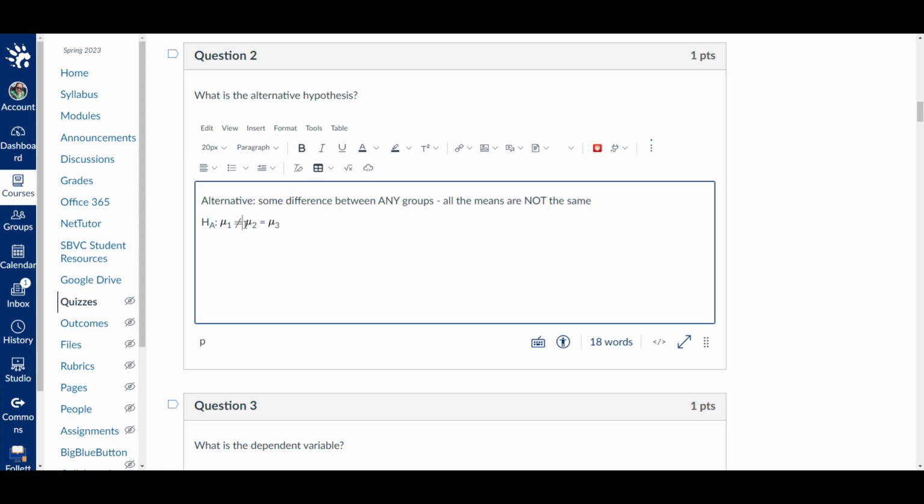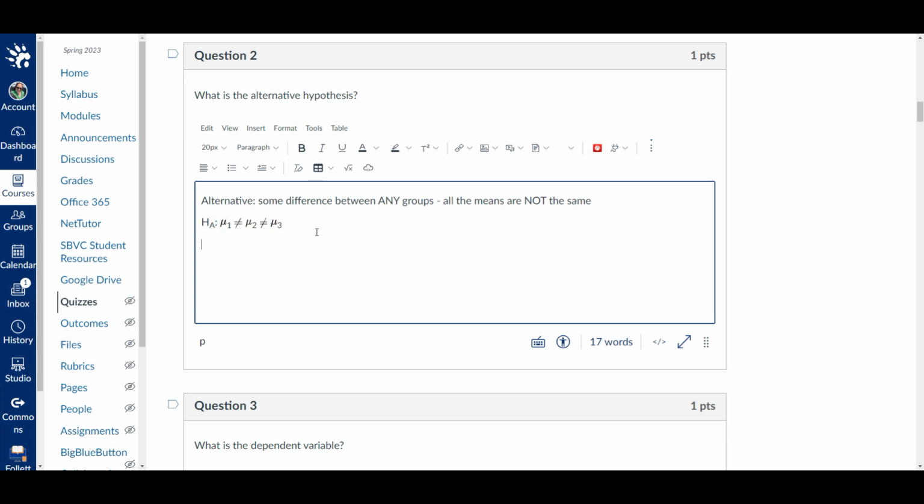So it could be that none of the groups are the same, that audiobooks are different from music, are different from control. That could be an option under our alternative that makes it true that not all the means are the same, right? In this case, not all the means are the same.